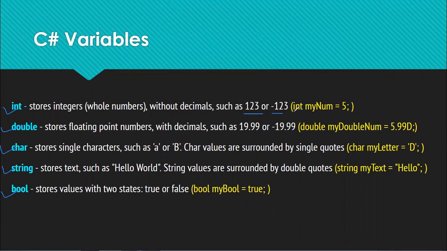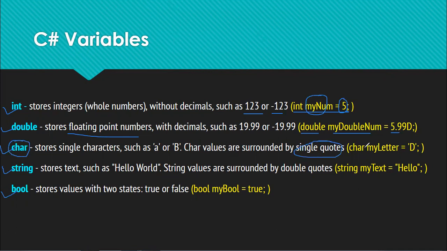This is an example of how you can declare it: int, variable name, and you can assign a value. Same with double, it is used to store floating point numbers that can be positive or negative. You start with double, variable name, and you can write a value. Then third is char, meaning a single character.